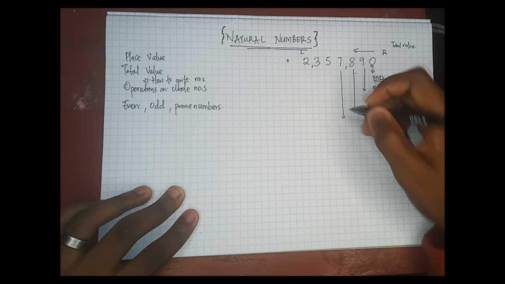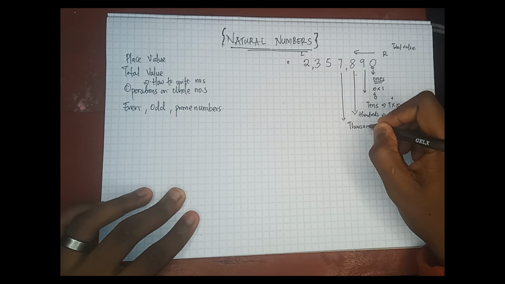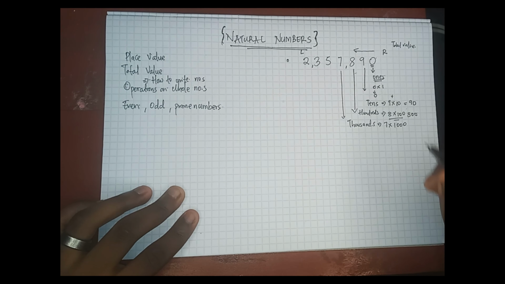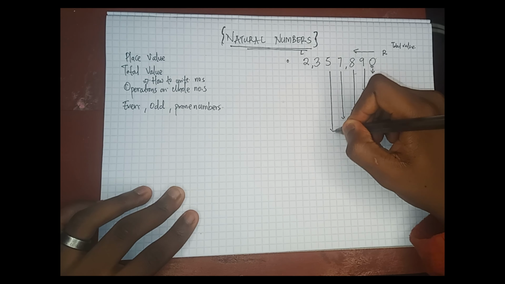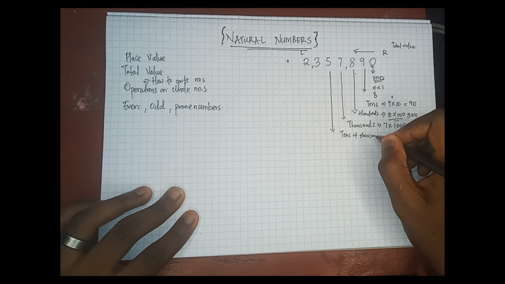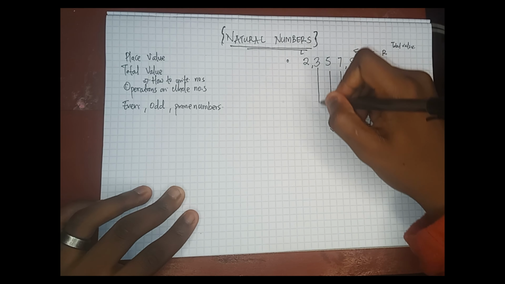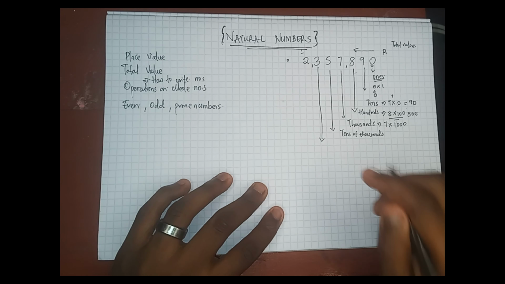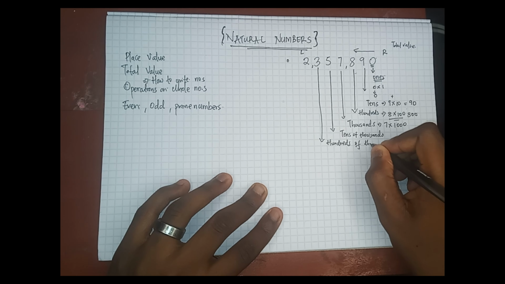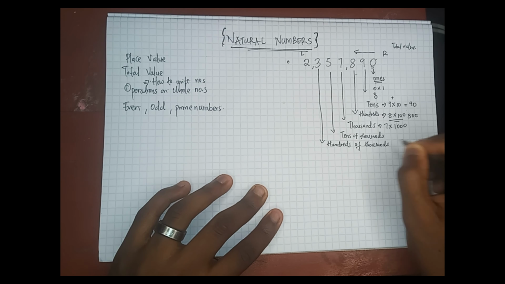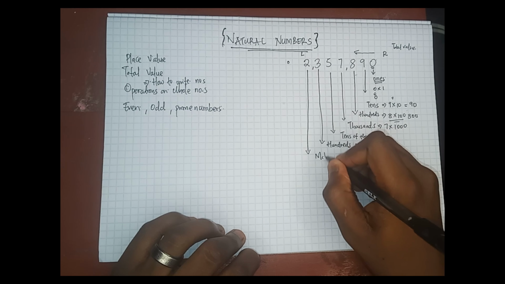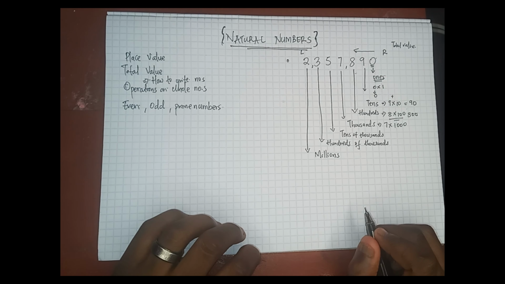Next ni thousands. The total value is 7 times 1000. So moving on, tens of thousands, ingine itakuwa hundreds, and then nafika kwa millions.